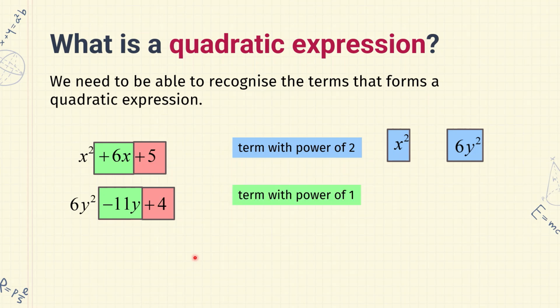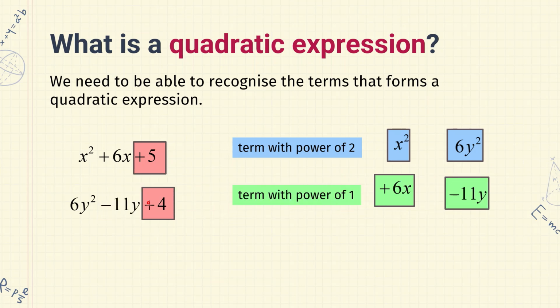Then we also have the term with power of 1, and that is actually our 6x and our negative 11y, because there isn't a power raised to the variable, it is actually an invisible 1. So it is a term with power of 1. Finally, our plus 5 and plus 4 don't have any variables with them, they don't have an x, they don't have a y, and that is what we call the constant term.